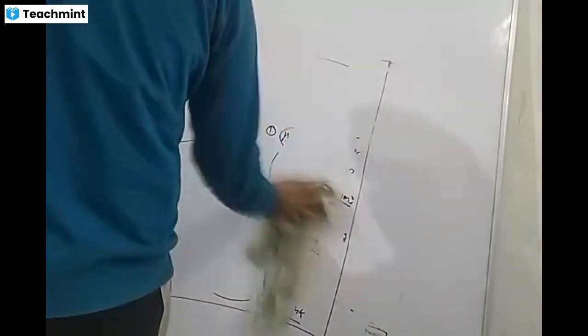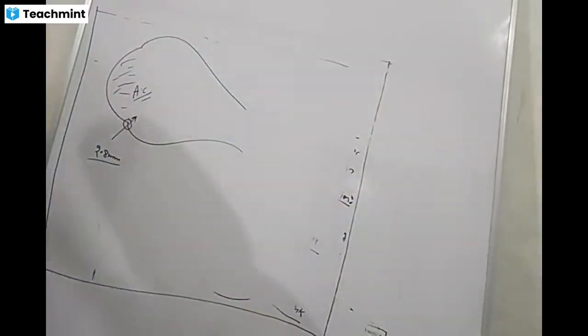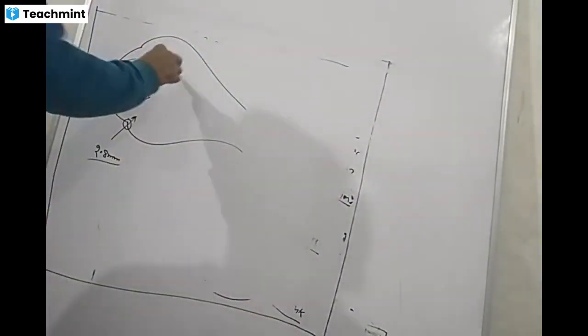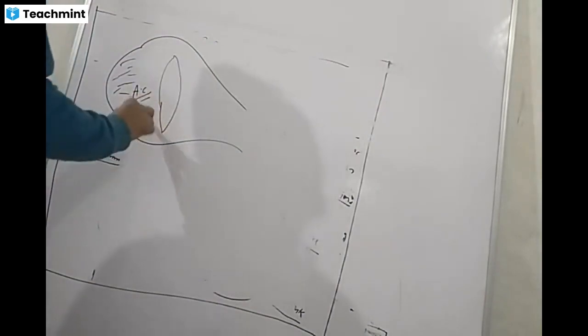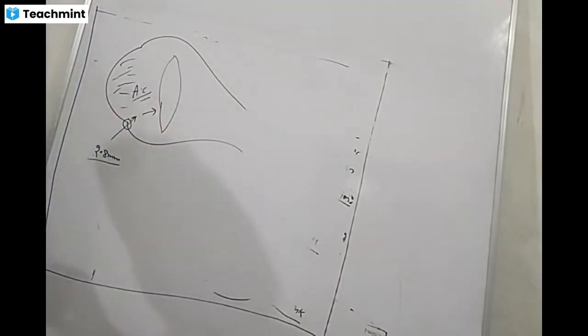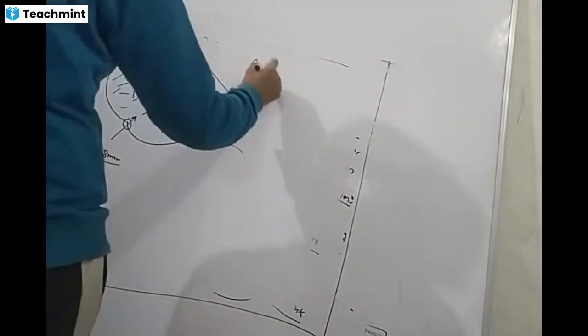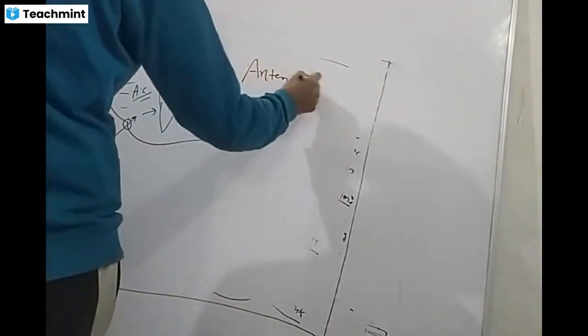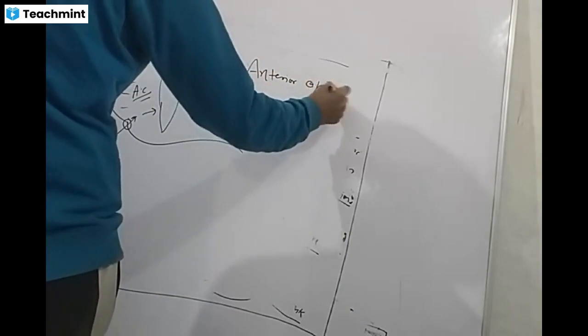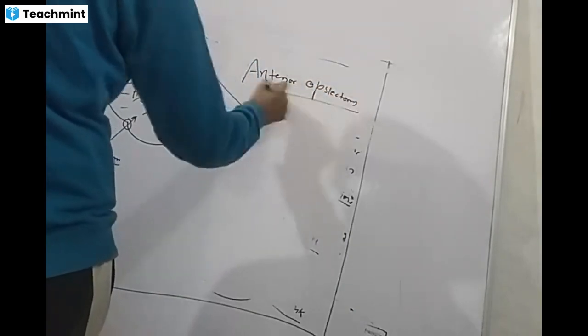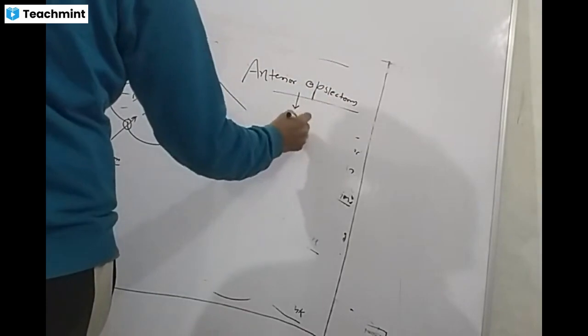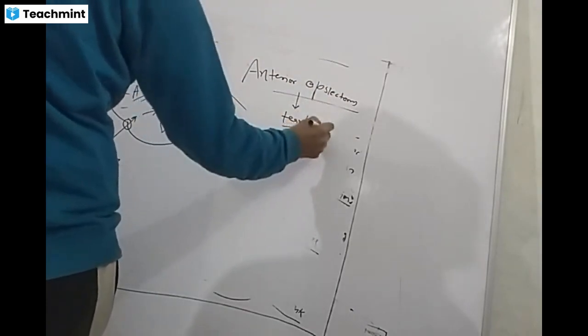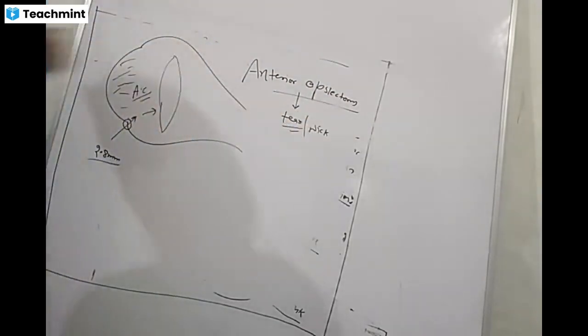Now, the next step, we are moving towards the capsule. The second step is anterior capsulectomy. We make a tear, a nick in the anterior capsule.